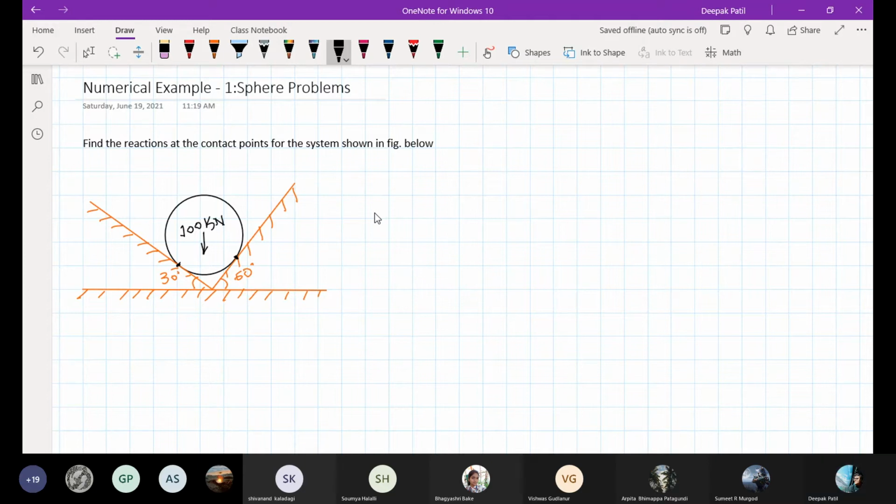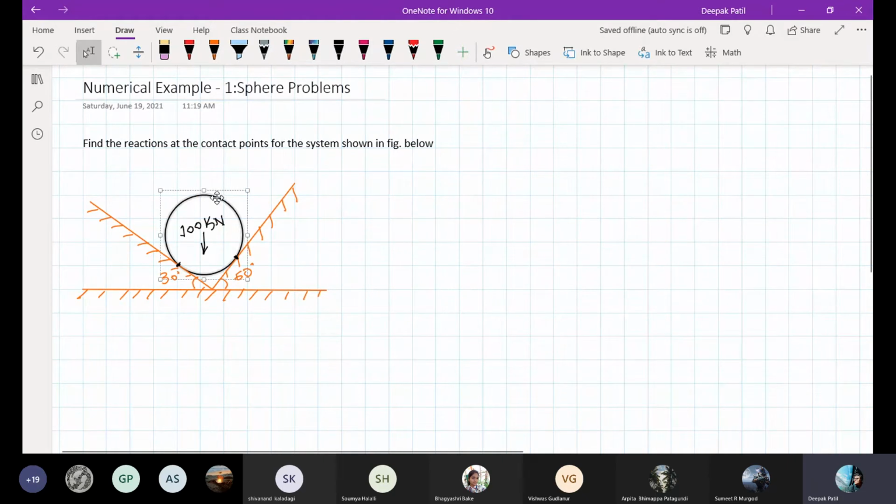Yes. So you have to find what the reactions are at these contact points, and the weight of the sphere is given as 100 kilonewtons.